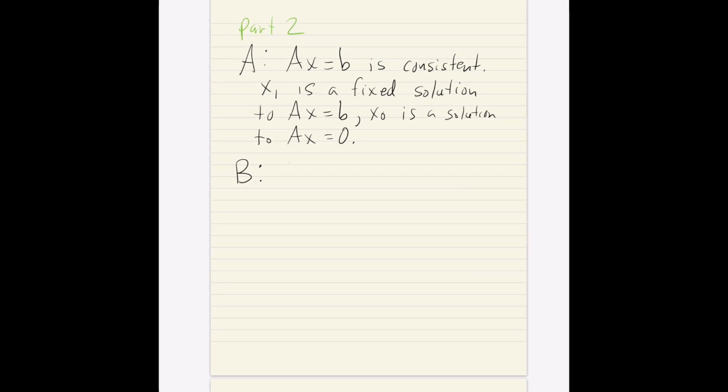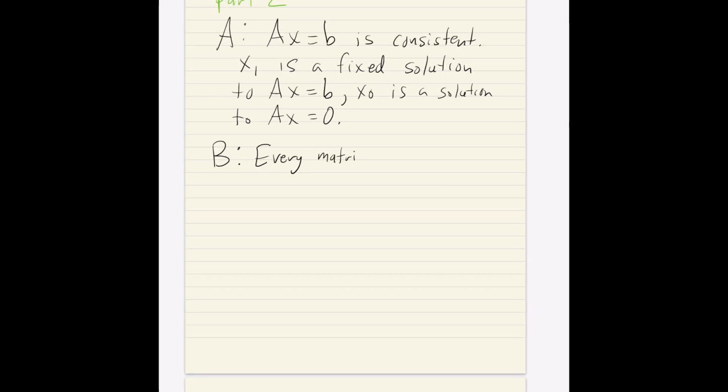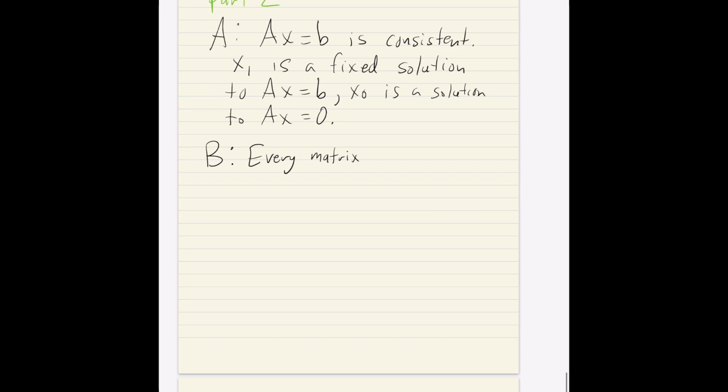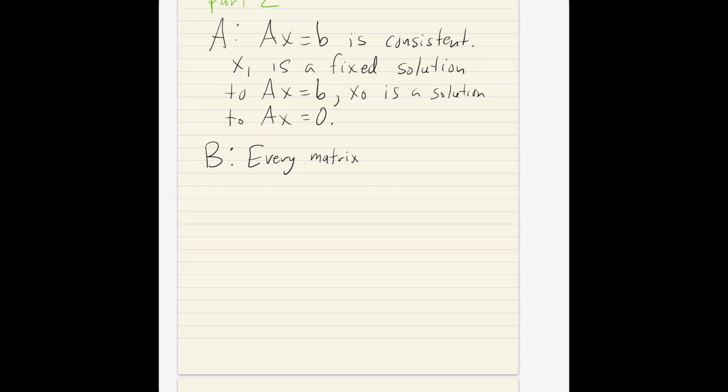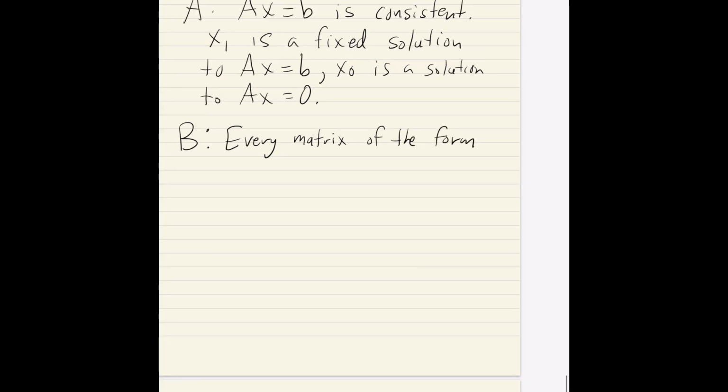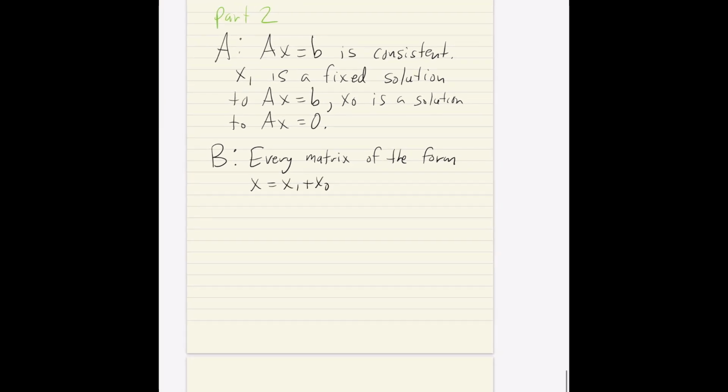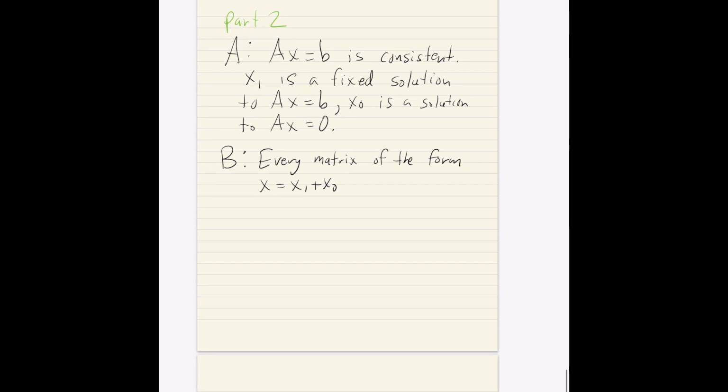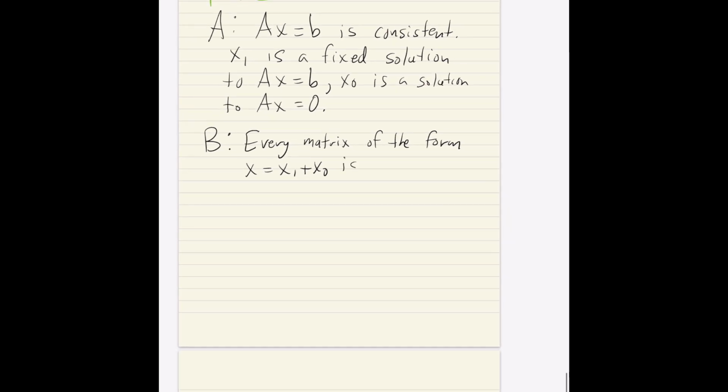For this one, we're going to prove that every matrix, or vector, however you want to call it, every vector of the form x equals x1 plus x naught is a solution to AX equals B.